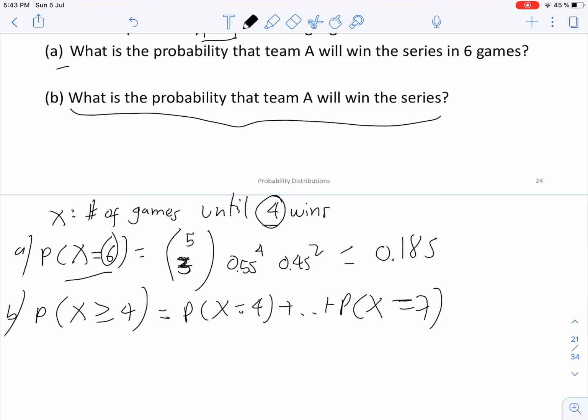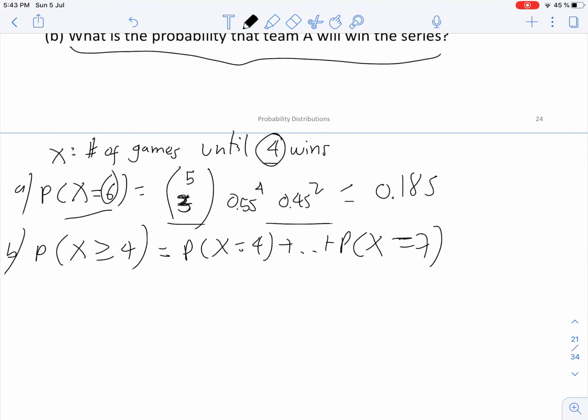If you get individual values using the same equation, you can use even the cumulative, the CDF. This is equivalent to F7 minus F3. It's the same thing, right? Or you can just get the individual values. And at the end, you will find that the probability is 0.608.